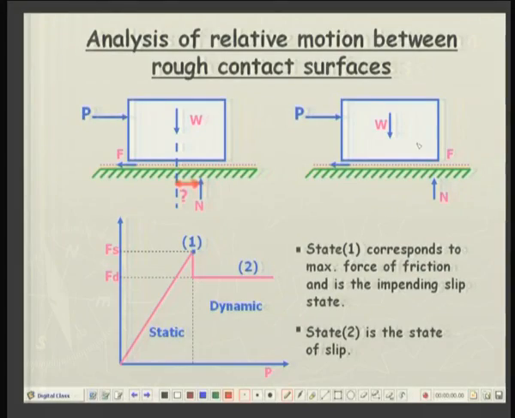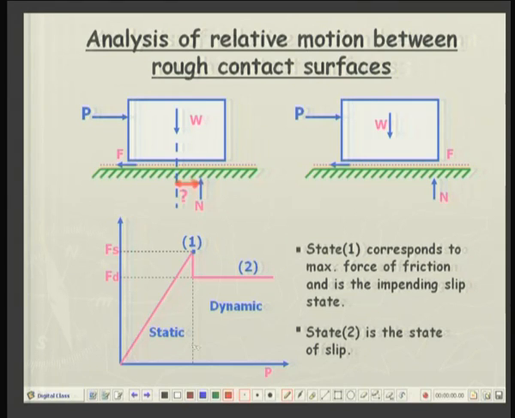Now, if we look at the graph between the applied force P and the force of friction developed, as P is increasing, the force of friction will also be increasing in order to maintain the body in equilibrium.